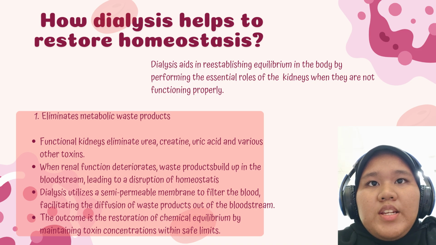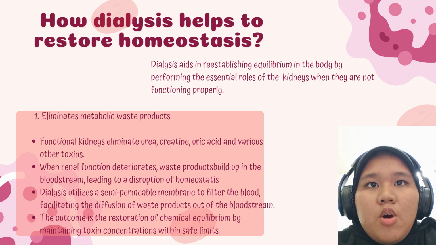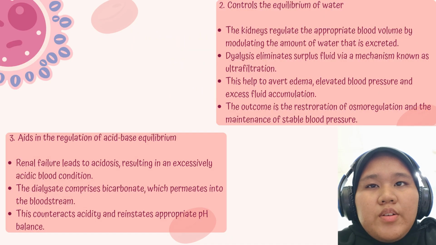Our kidneys normally regulate blood volume by adjusting how much water we excrete. But when the kidneys fail, this regulation doesn't work properly, which leads to fluid overload. Dialysis solves this by removing excess water through a process called ultrafiltration.